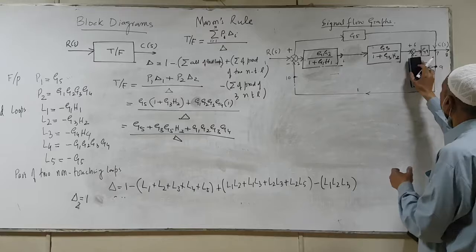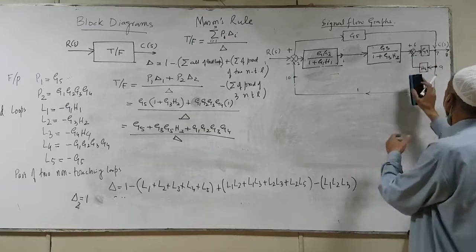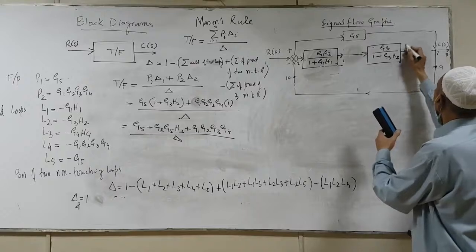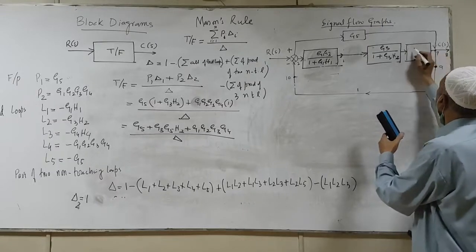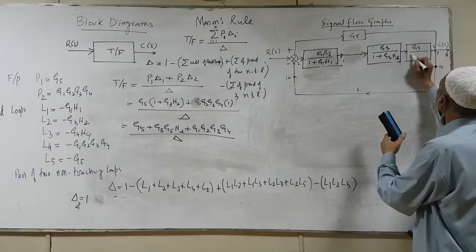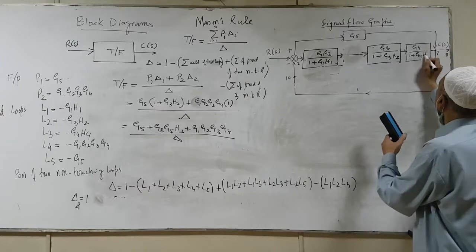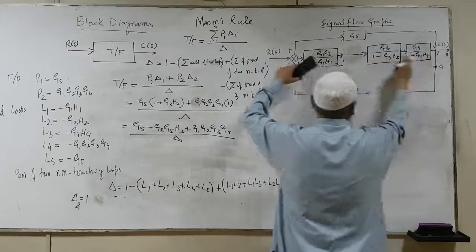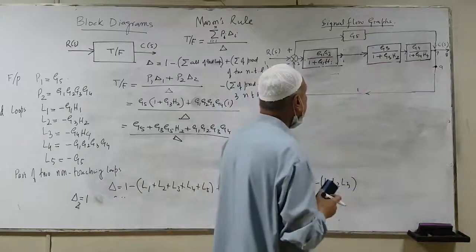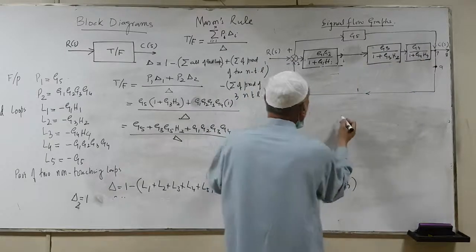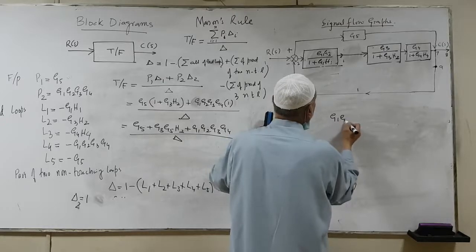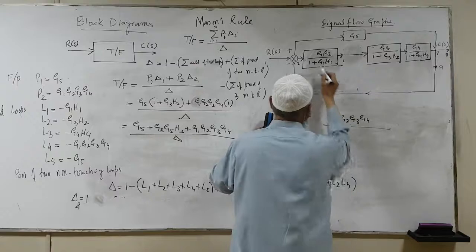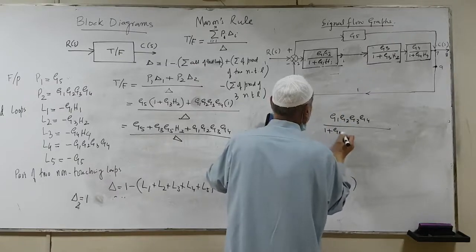Likewise this one, so it is G4 over 1 plus G4 H4. Now these three blocks are in cascade or series. So we simply go for a single block, G1 G2 G3 G4 divided by the multiplied denominators.